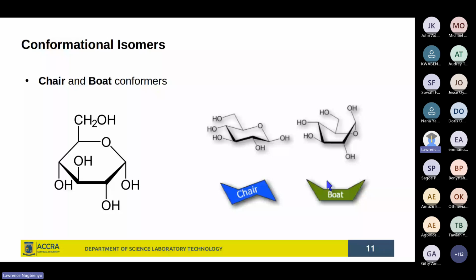So you can have these two types of conformational isomers, the chair and boat conformers, in solution. But here again, the chair conformer is the most stable because it positions all the groups on those carbons in such a way that there is enough space around them, such that there is a reduction of what we refer to as steric hindrance between these groups on the carbons.